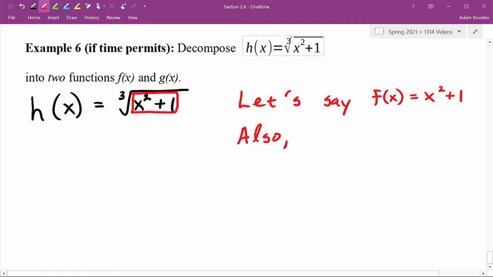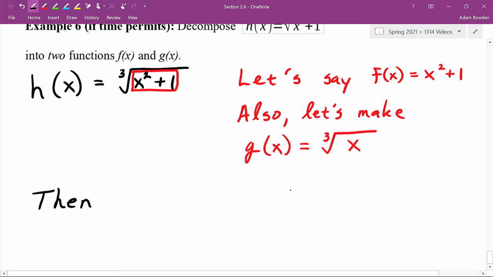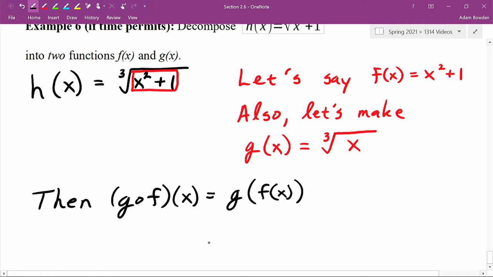Also, let's go ahead and make another function called g of x as the cube root of x. This will be the part of the cube root, and the other function will be what's on the inside. Then, if we go ahead and put these f and g back together again as g composed with f, or g circle f of x, then we put the g function outside with the f of x function on the inside.